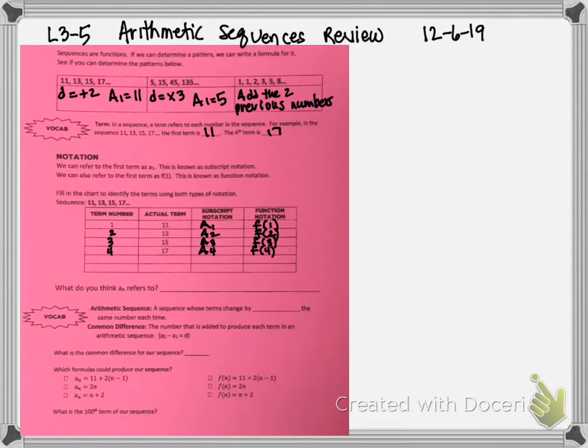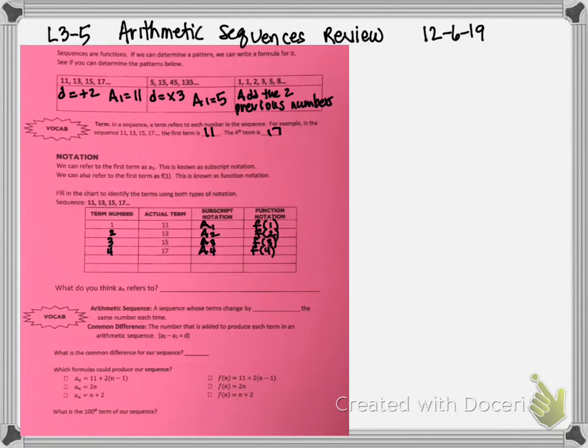So notice that the second term, 13, is known as a sub 2 or f at 2, so the value of the function f at 2. The third term, 15, is a sub 3 or f at 3. The fourth term, 17, is a sub 4 or the value of the function f at 4.